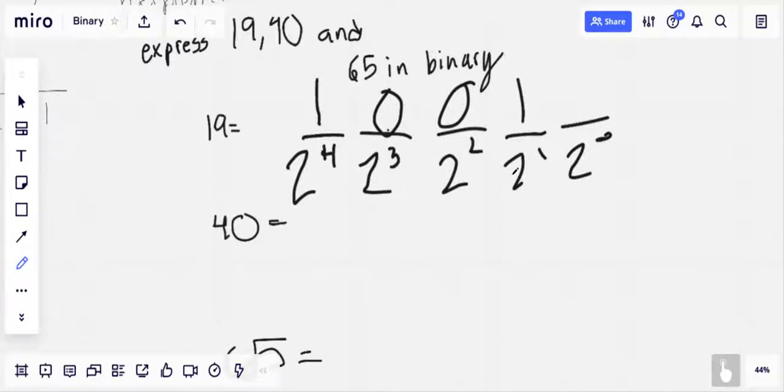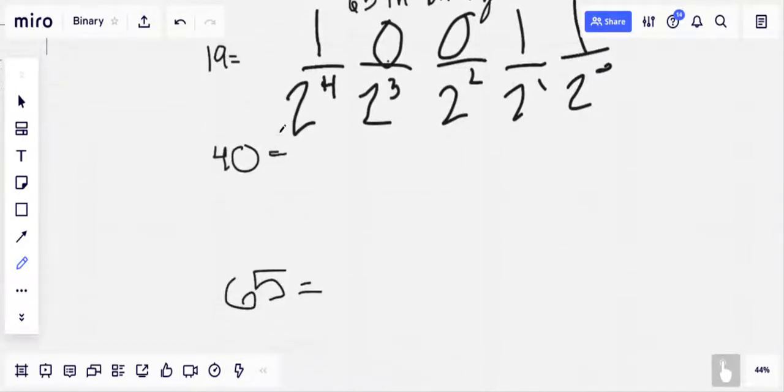Now we've represented 16 and 2, so that's 18. We have to represent 1, and 2 to the power 0 can do that. So you represent 19 by 1, 0, 0, 1, 1.